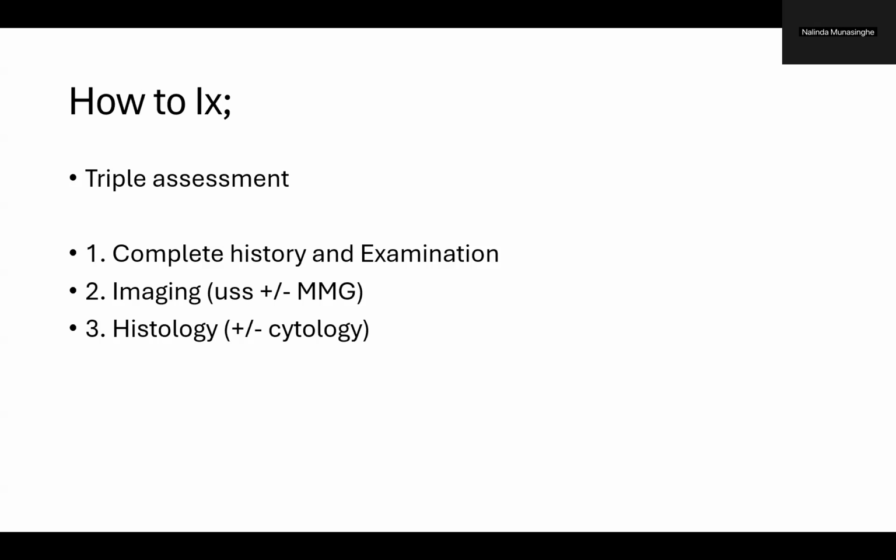The next step would be imaging. Irrespective of the age, all will need an ultrasound scan, but that is a very focused assessment. Patients who are age 40 and above, remember, it's 40 and above, not 30, not 35, it's 40 and above, will need 2 mammograms, bilateral mammograms, with 2 classical views, craniocaudal view and the mediolateral oblique.